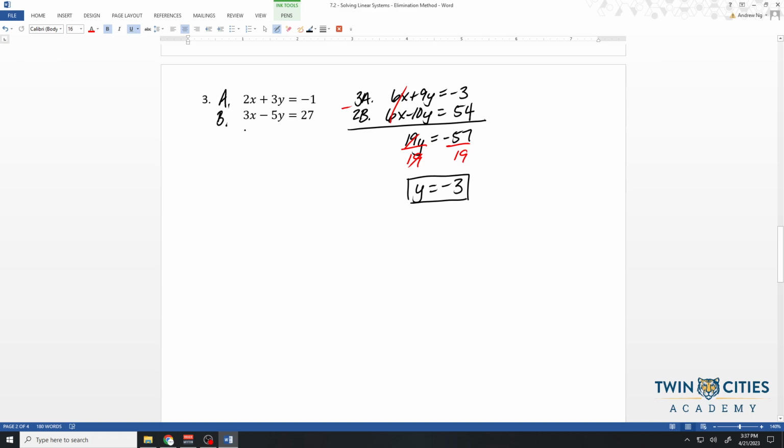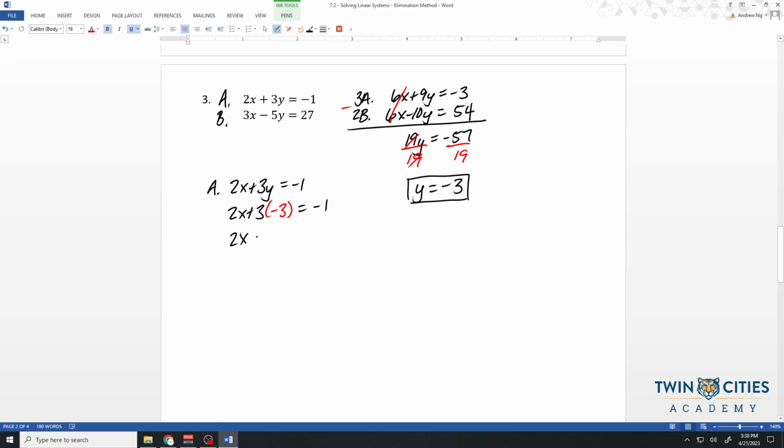All right, now for the x's, pick one of these equations and plug in y equals negative 3. So let's do A. This is 2x plus 3y equals negative 1. And we'll plug in y is negative 3. So this will be 2x plus 3 times negative 3 is equal to negative 1.